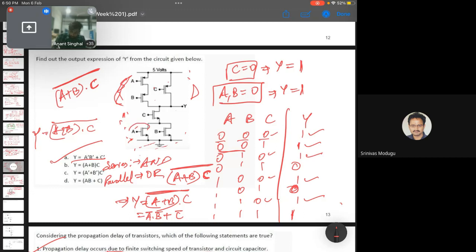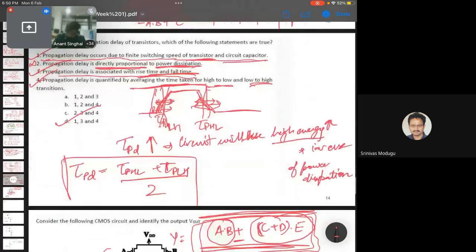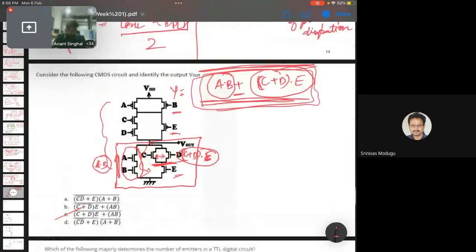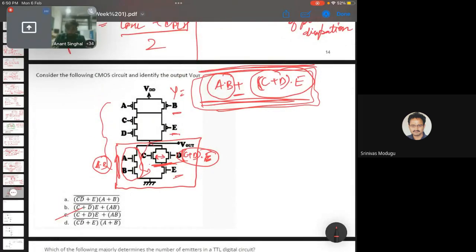When both NMOS are in parallel, it will be OR, and when both NMOS are in series, it will be AND, and the output will be the inverted waveform of this. I guess it is clear now. I've explained it like 3 times now. So we shall proceed in 2 minutes.